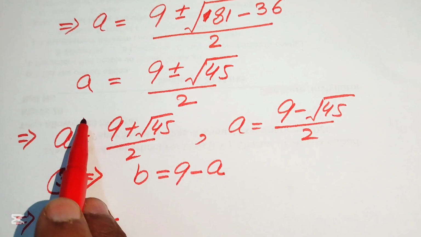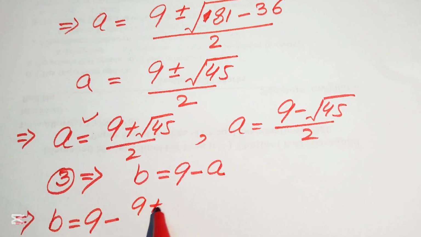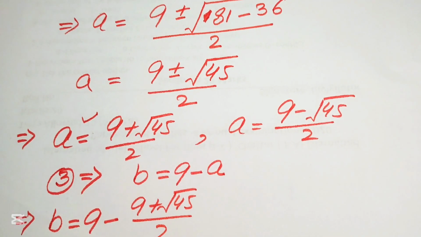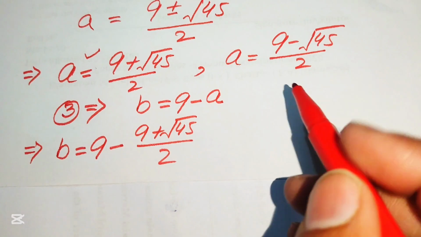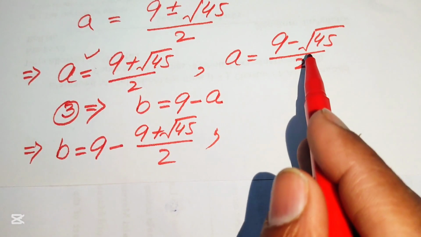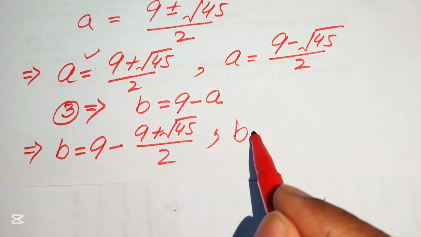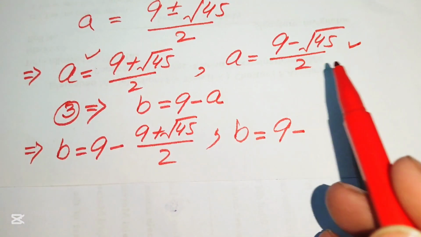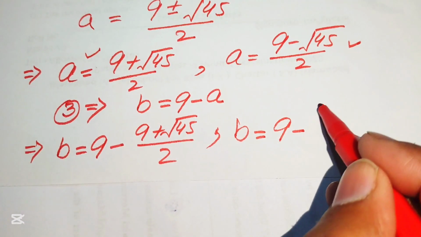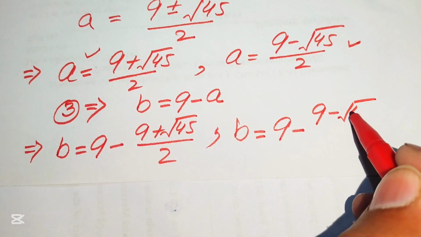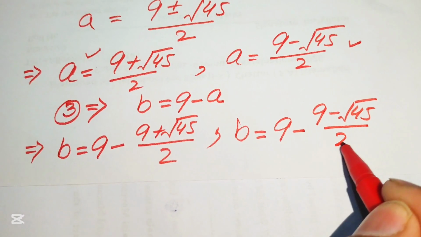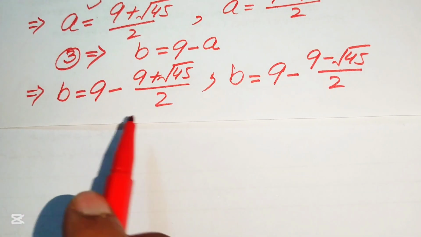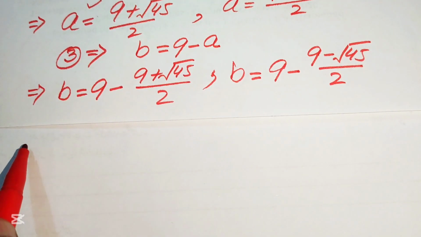Here we substitute this value of a, and it will be written as 9 plus square root of 45 divided by 2. And similarly, in parallel we substitute the other value in this equation, b equals 9 minus a, and it will be written as 9 minus square root of 45 divided by 2. So further we need to simplify both of these equations in order to find the value of b.